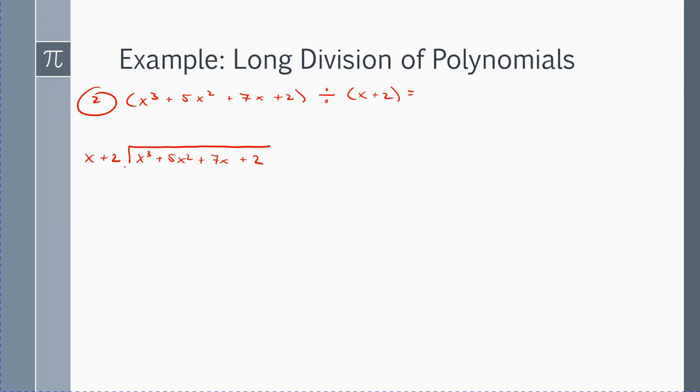All right, so you're going to take x cubed, divide it by x. You just get x squared. So multiply. X squared times x gets me x cubed. X squared times 2 gets me 2x squared, excuse me. Now you're going to subtract. X cubed minus x cubed, gone. 5x squared minus 2x squared gets me 3x squared.